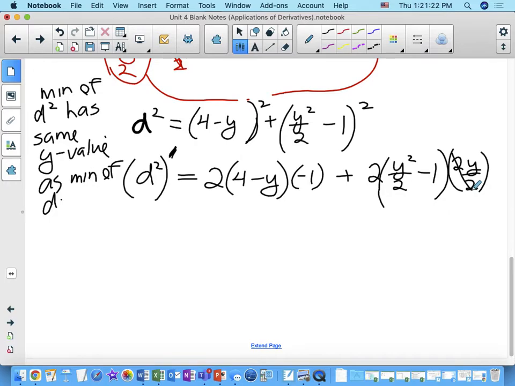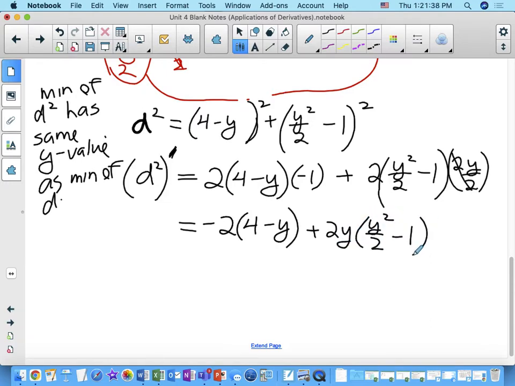So if we do some expansion, this becomes negative 2 times (4 minus y), plus 2y times (y squared over 2 minus 1). So I'm going to have negative 8 plus 2y, plus y cubed, because the 2's will cancel, and then minus 2y.